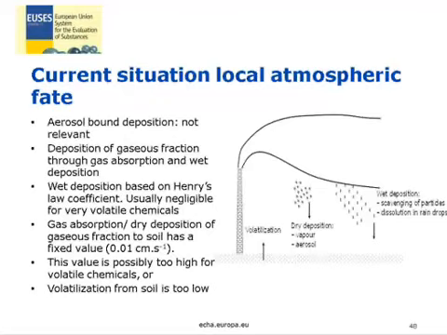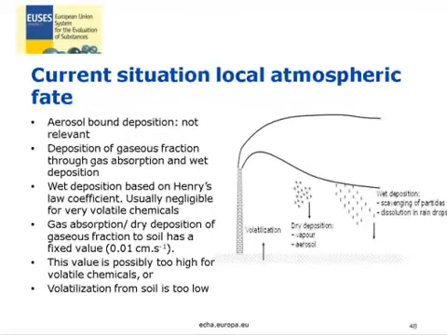So you have to look at the gaseous phase, and the deposition from the gaseous phase to soil is actually based on two factors. So we have the partitioning between the gas phase and raindrops, and the rain events, the deposition to soil. We also have the gas absorption from air to soil, so the dry deposition velocity, and this is a fixed value in EUSES of 0.01 centimeters per second.